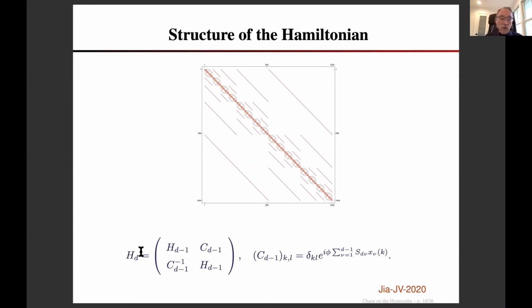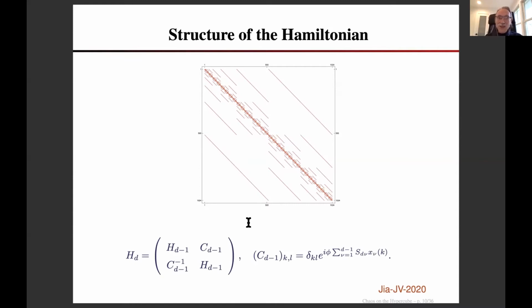So the Hamiltonian can be determined recursively. In D dimensions it is given by 2 D-1 blocks, coupled by a diagonal matrix. And the diagonal matrix is a matrix of the links that couple these 2 blocks. So it has a very simple fractal structure.